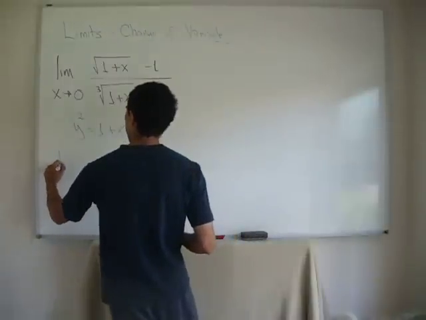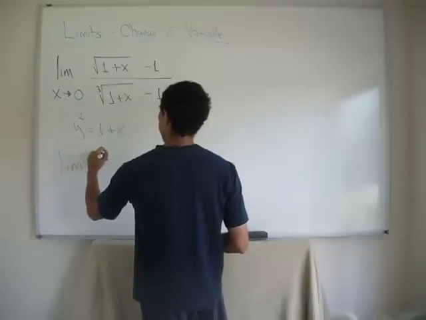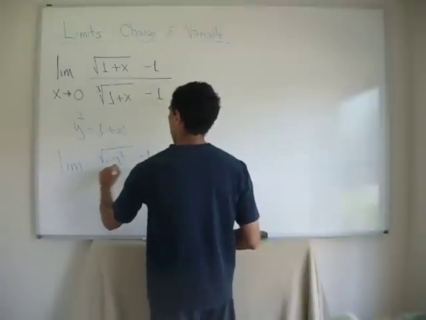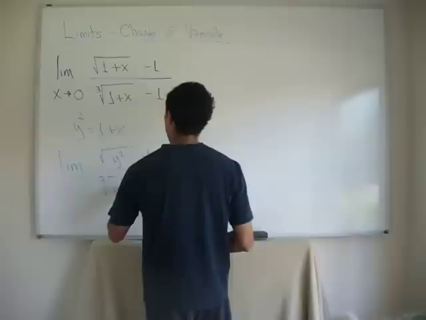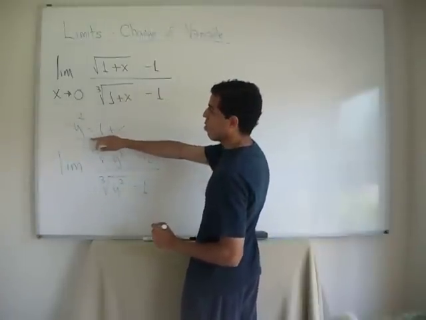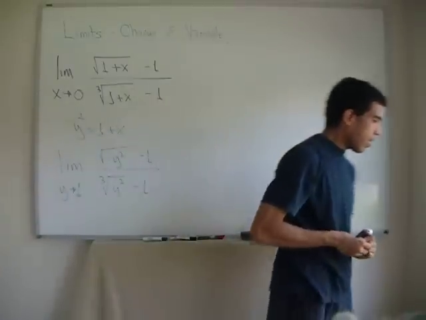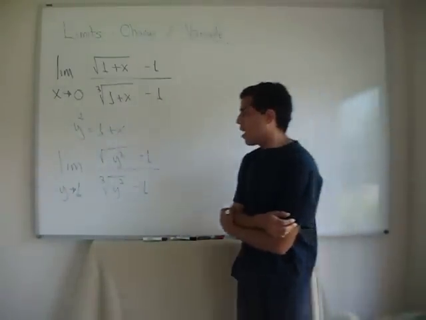We would have then limit of square root of y squared minus 1 over cubic root of y squared minus 1. And since x tends to 0, y tends to 1. Does it look like we got rid of anything? Does it look like we solved something? Doesn't look like yet.